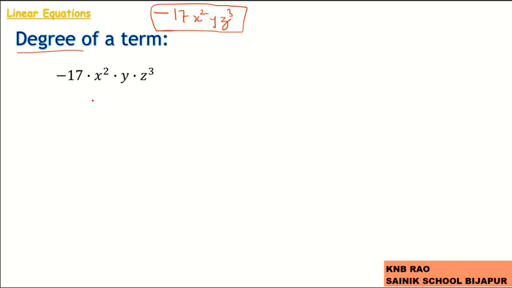Children, very simple. Degree is the total power of the variables. Here the power of x is 2, the power of y is 1, and the power of z is 3. The total of them is the degree of this term. So, the degree of this term is 6.